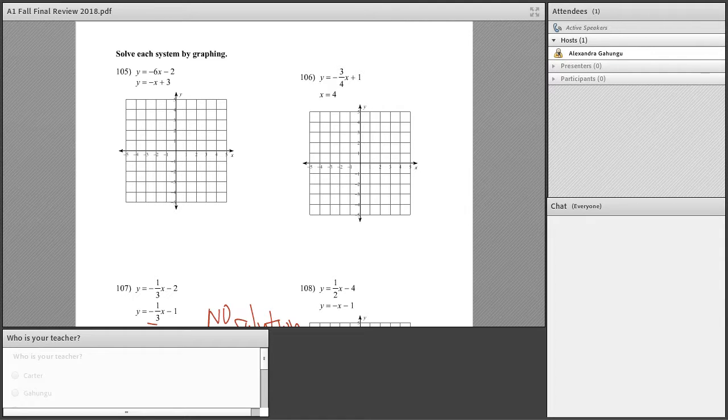Each line, you graph them separately. So your y-intercept for the first one is at negative 2. Then you either go down 6 over 1 to the right, or you go up 6 and then over 1 to the left. So let's do that one just one more time.